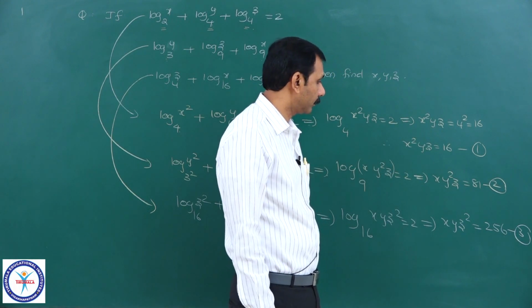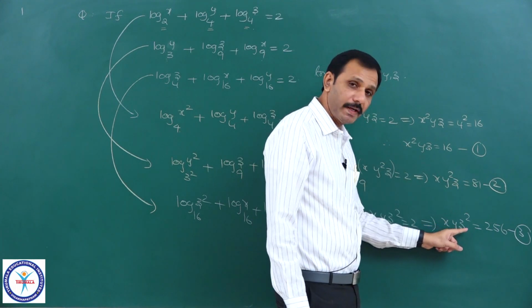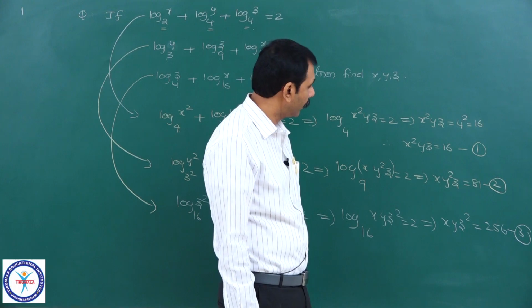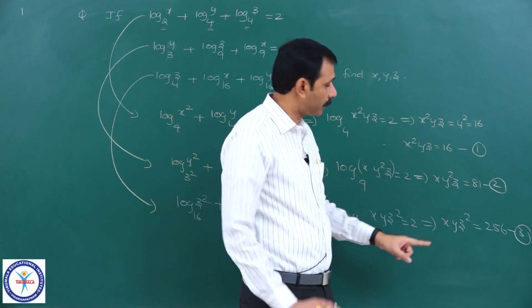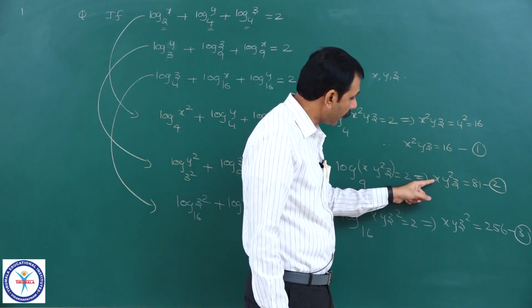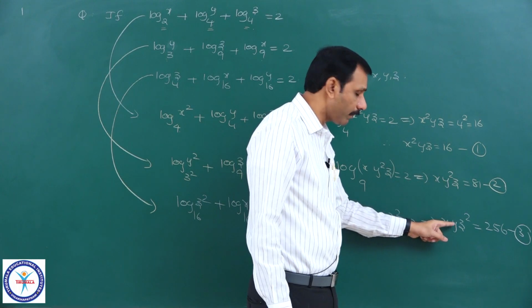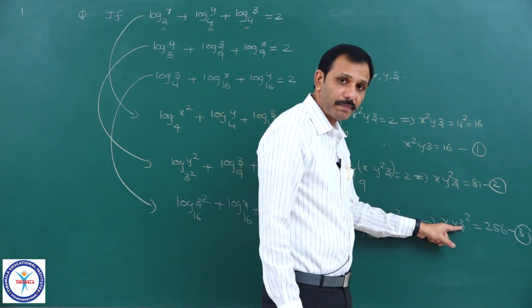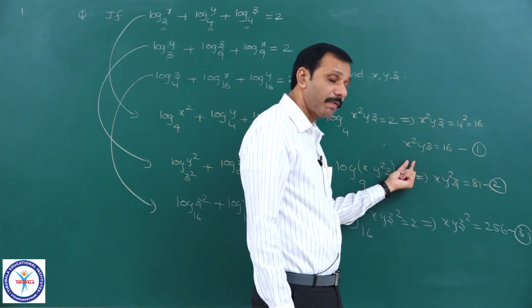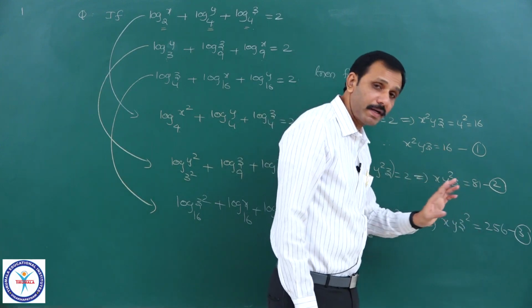What I will do is, here x square yz, x y square z, x y z square is there. If I multiply these three terms, x square times x, x power 4, y square times y, y power 4, z square times z, z power 4. Left hand side, I will get x power 4, y power 4, z power 4, and I will simplify the right hand side.